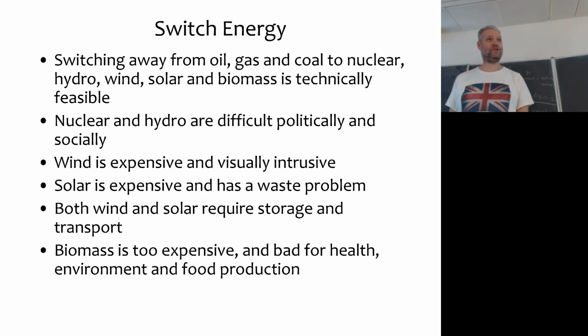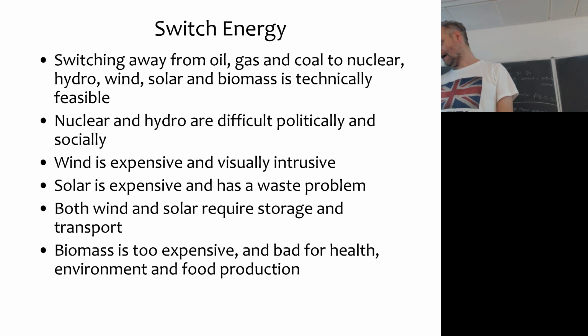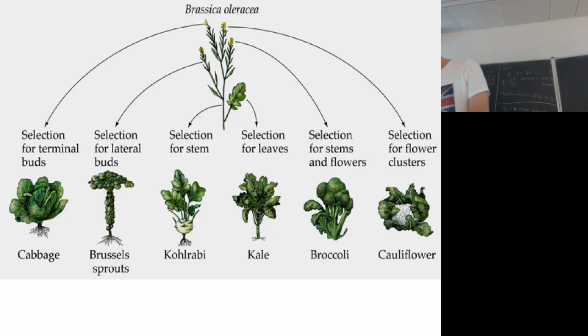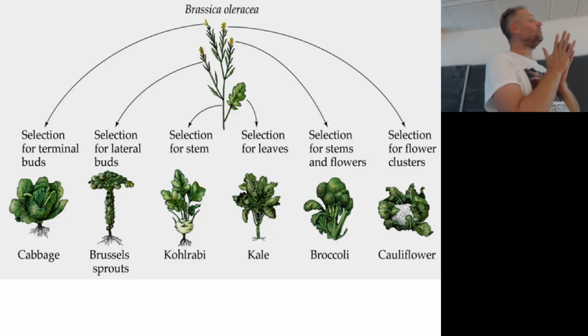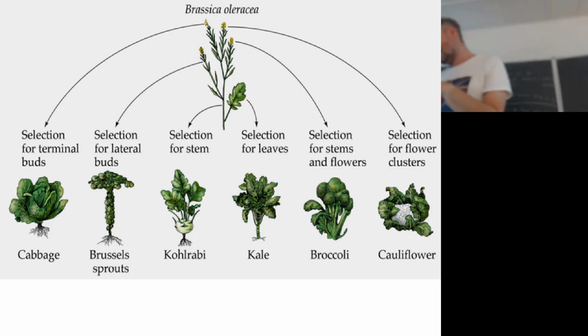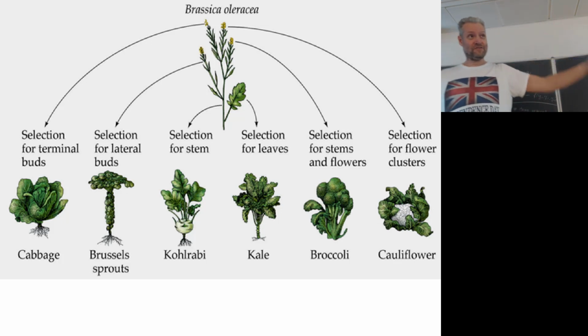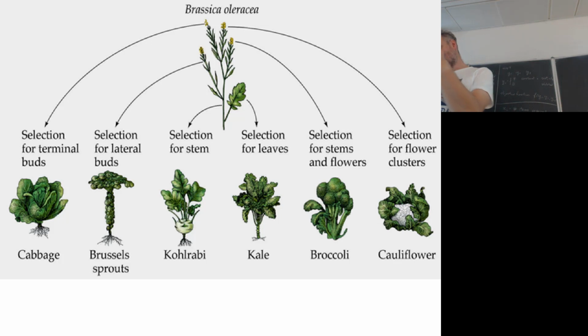But there's also a third generation, and that, I think, is best illustrated in this particular picture. What you're looking at the top is the original brassica plant, which is essentially a mustard plant. And through selective breeding, this has been turned into your carrots, your Brussels sprouts, your kohlrabi, your kale, your broccoli, your cauliflower.